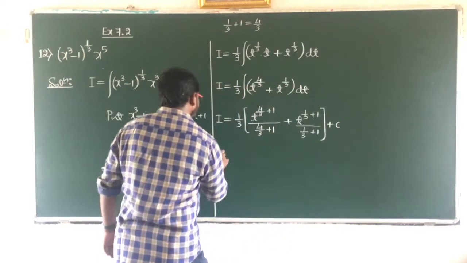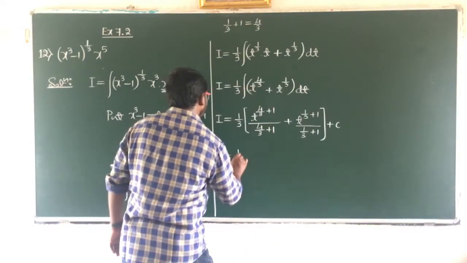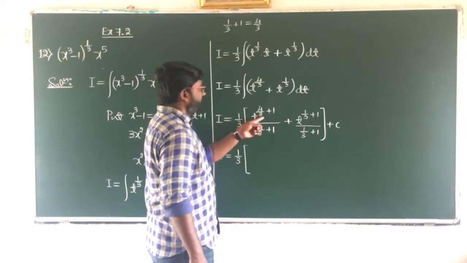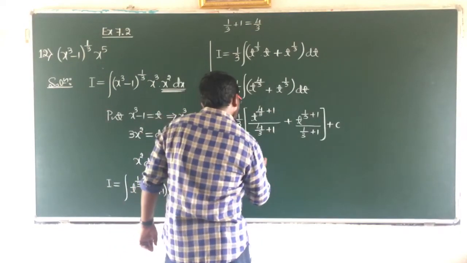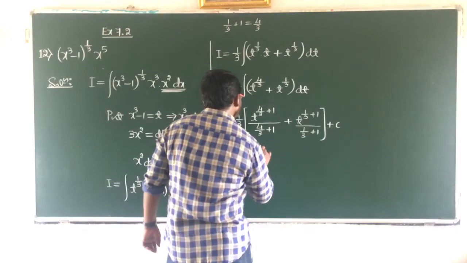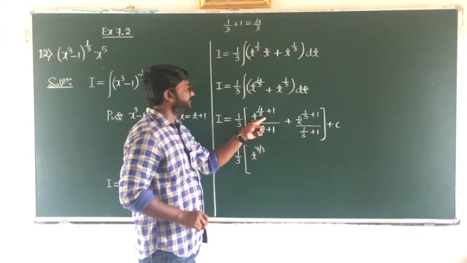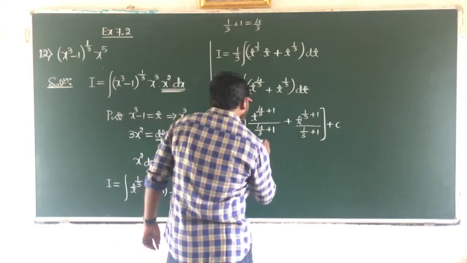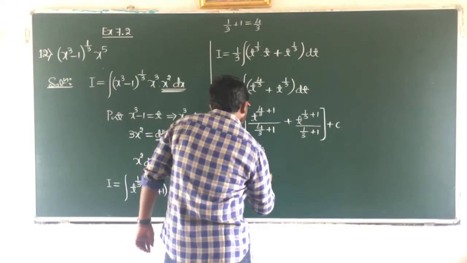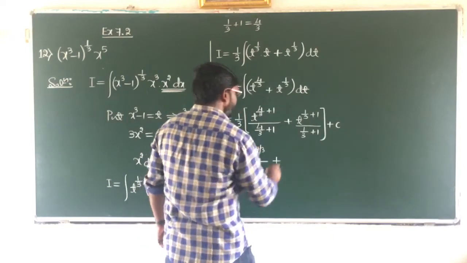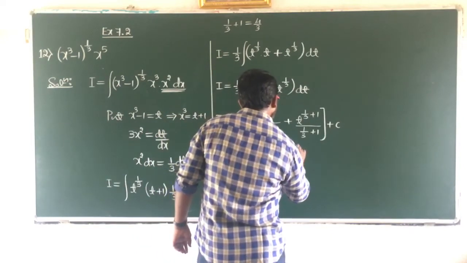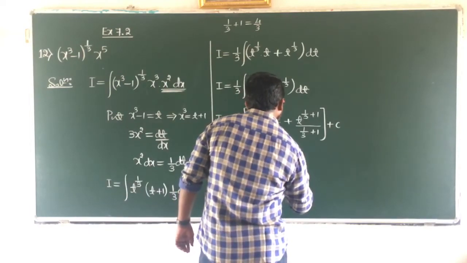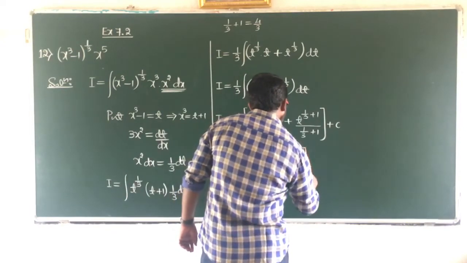So let us simplify this. I is equal to 1/3, then this becomes t to the power 7/3. Take the LCM, 3 will be multiplied with 1, 4 plus 3 is 7/3. Then the whole is divided by 7/3, plus here t^(4/3) divided by 4/3, plus c.